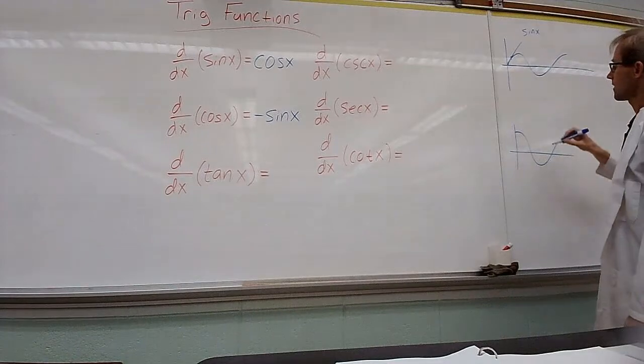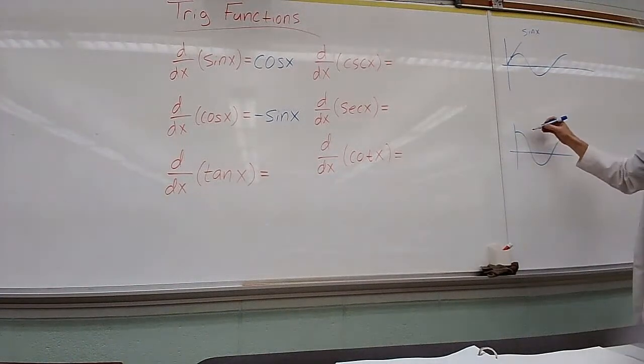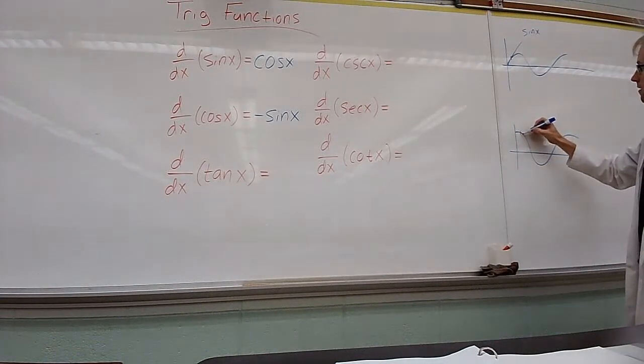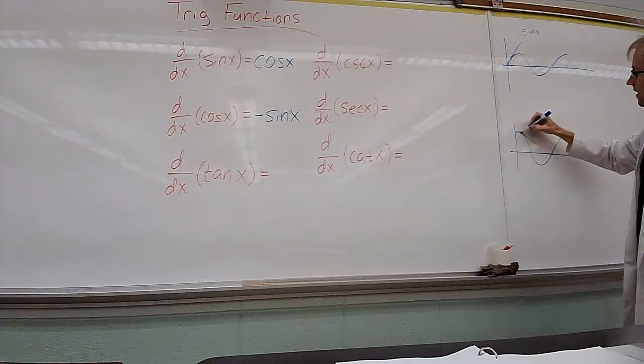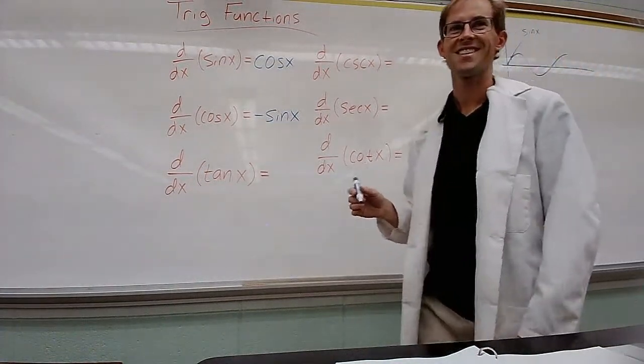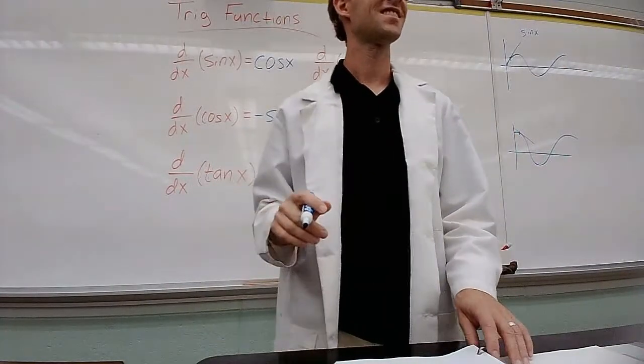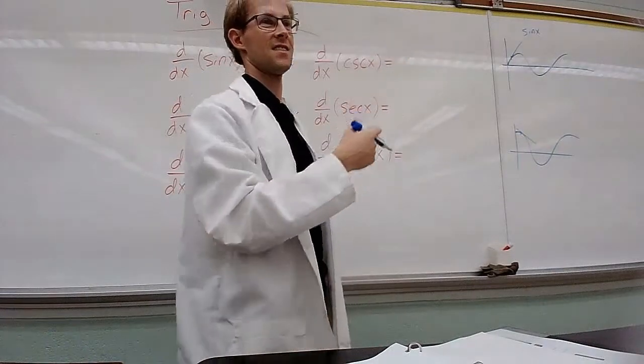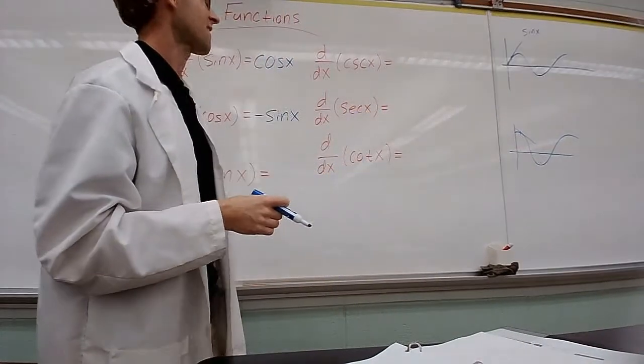Yeah. What happens if you take the derivative of cosine at roughly that same number? It's going to be a negative. Okay. So they end up offsetting each other like that.